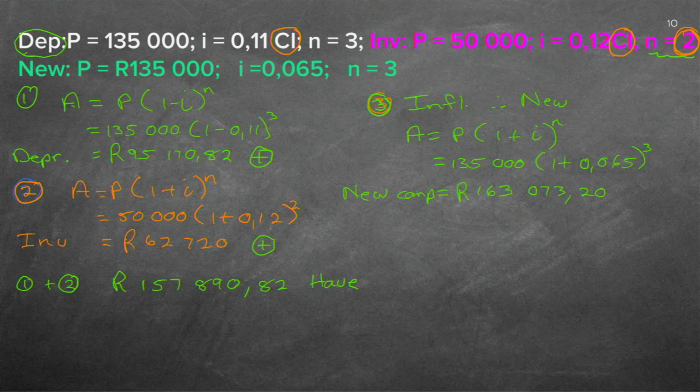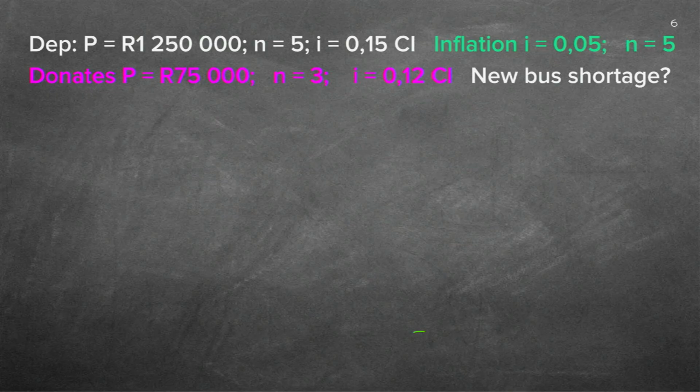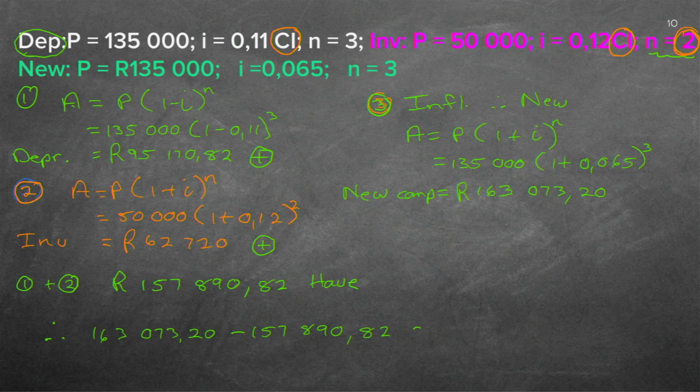And the new computers cost, so therefore, 163,073 Rand and 20 cents minus this 157,890.82 gives me 5,182 Rand and 38 cents.